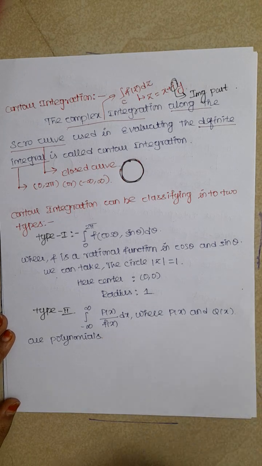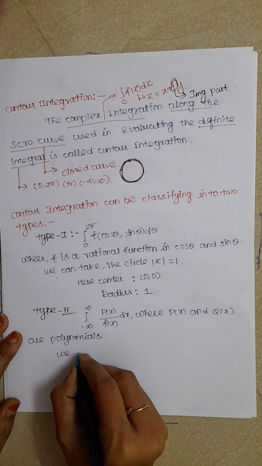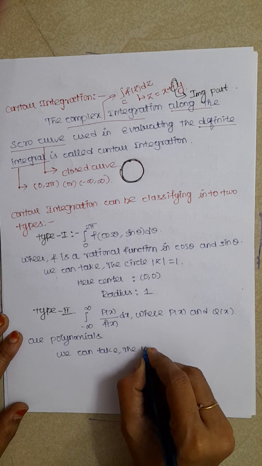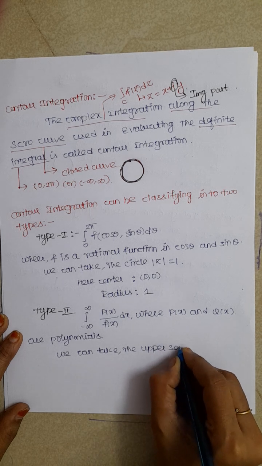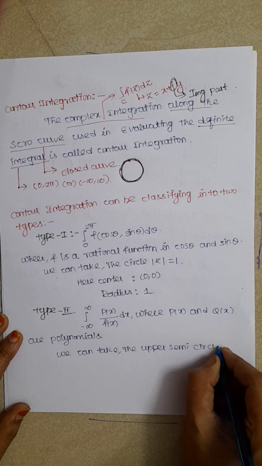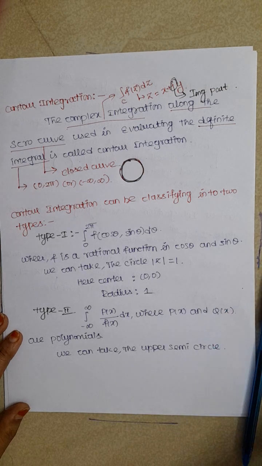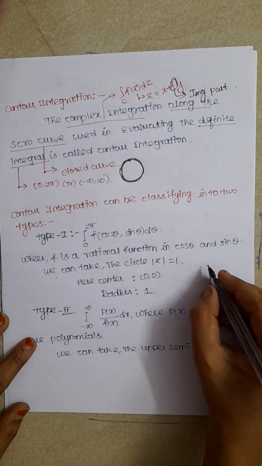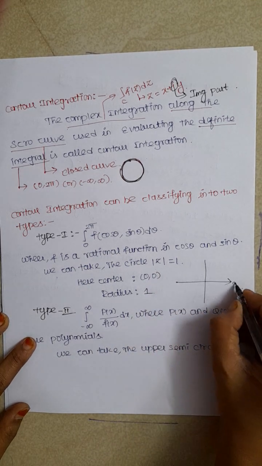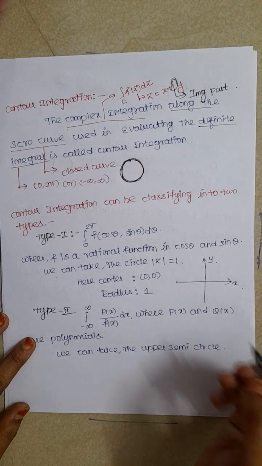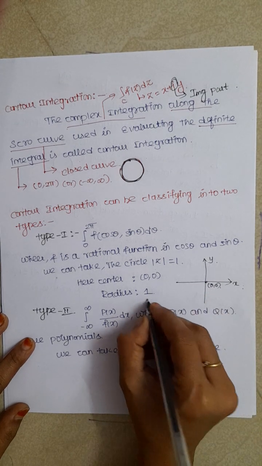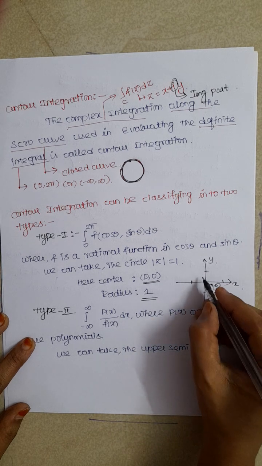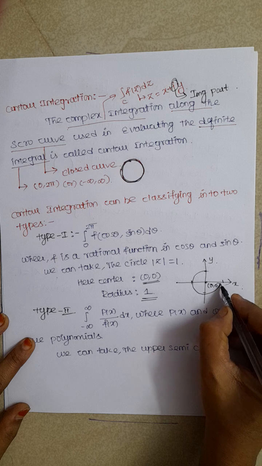Here we can take the upper semicircle. For type 1, we choose the circle modulus of z equal to 1, with center 0, 0 and radius 1, so we can draw the circle.